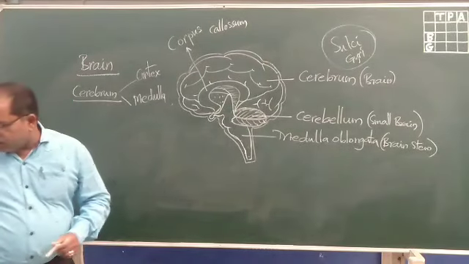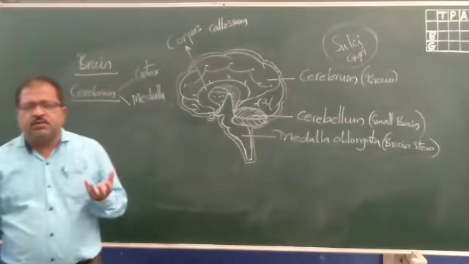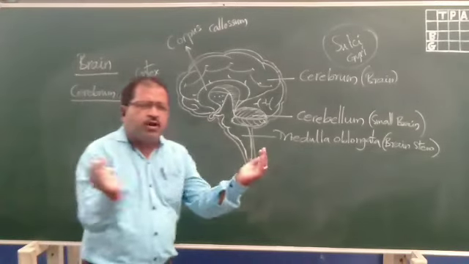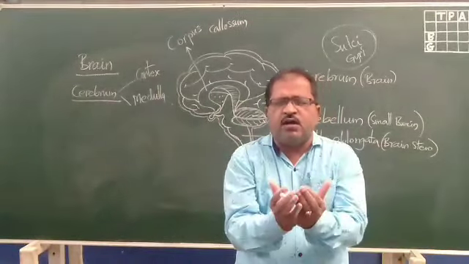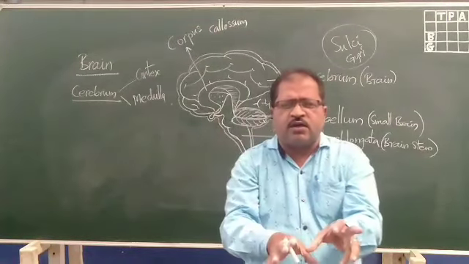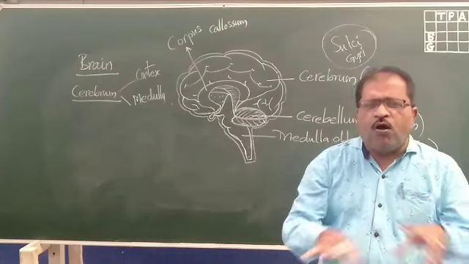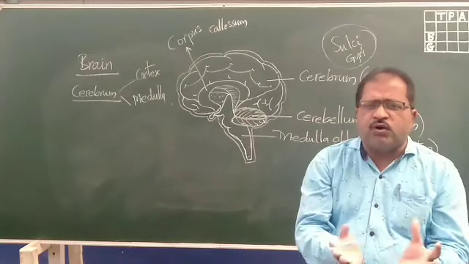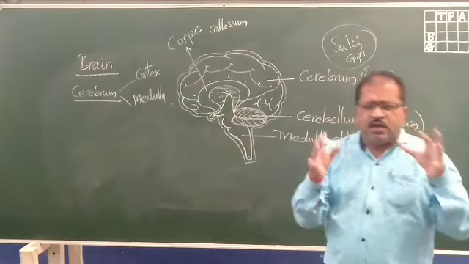The cortex is associated with all the cell bodies of the nerve cells. All the cell bodies are present in the cortex of the brain, that is, the cerebrum. All the cell bodies are grayish in color, so they make the total cortex gray.